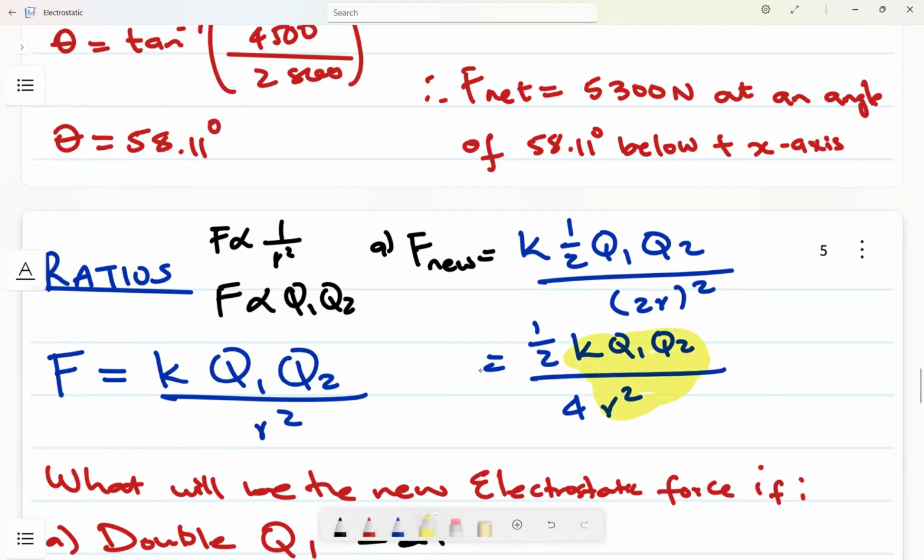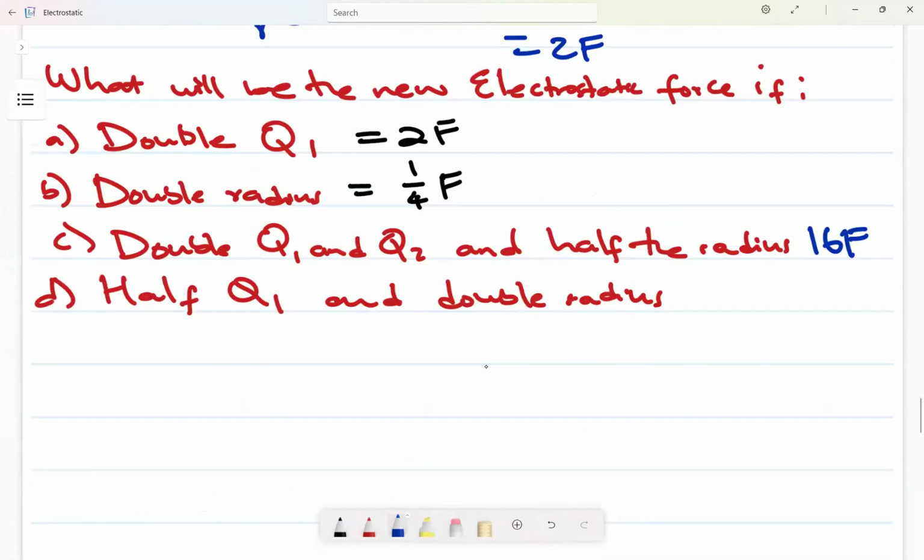This is F. Therefore, 1 divided by 2 divided by 4, we get something like 2. So it means now our force will be 2F. But I want to believe you are following. So that is it from ratios, which they like a lot in multiple choice questions.